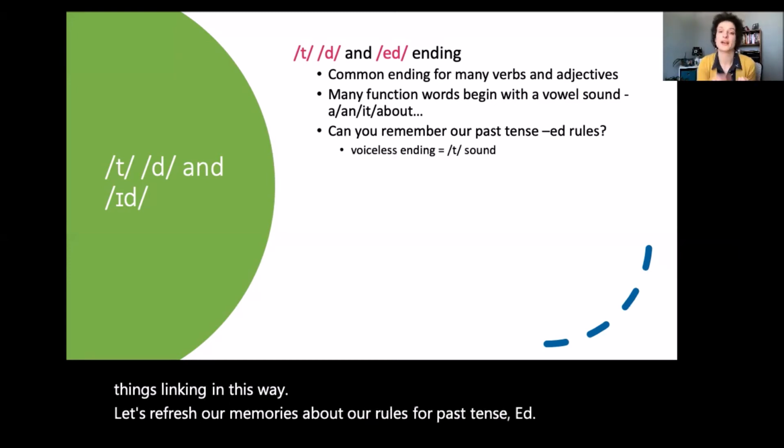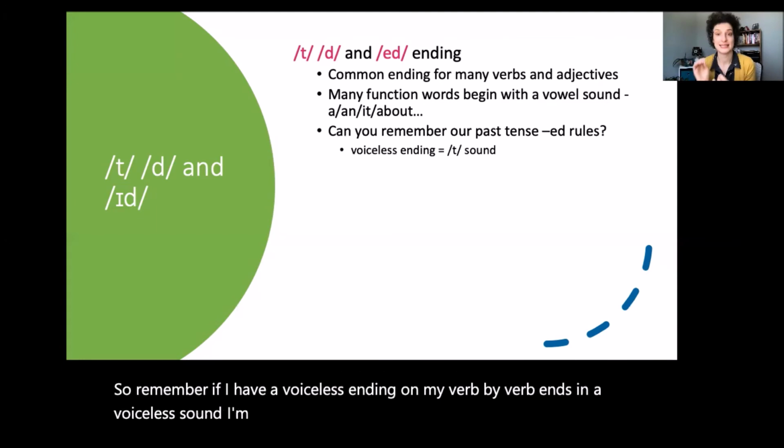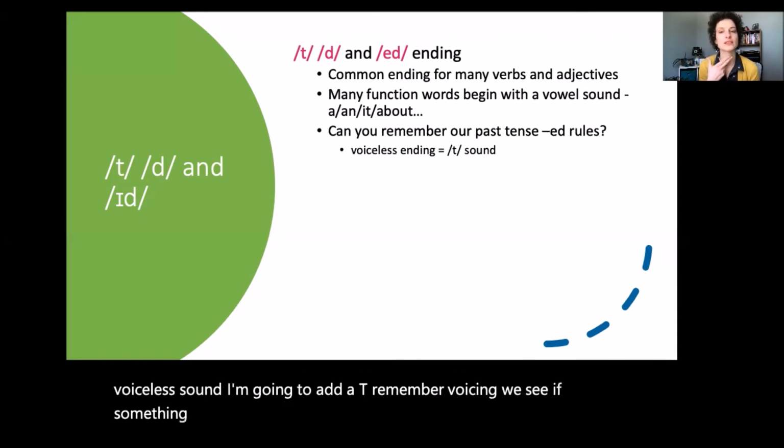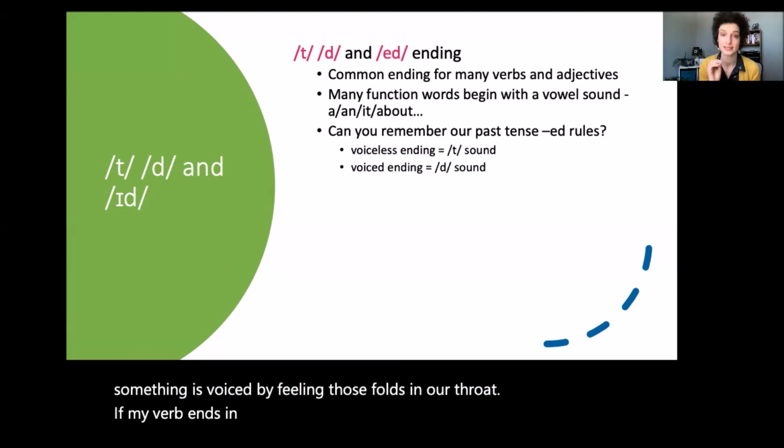So remember, if my verb ends in a voiceless sound, I'm going to add a T. Remember, we see if something is voiced by feeling those folds in our throat. If my verb ends in a voiced sound, then I'm going to add that D sound, right?